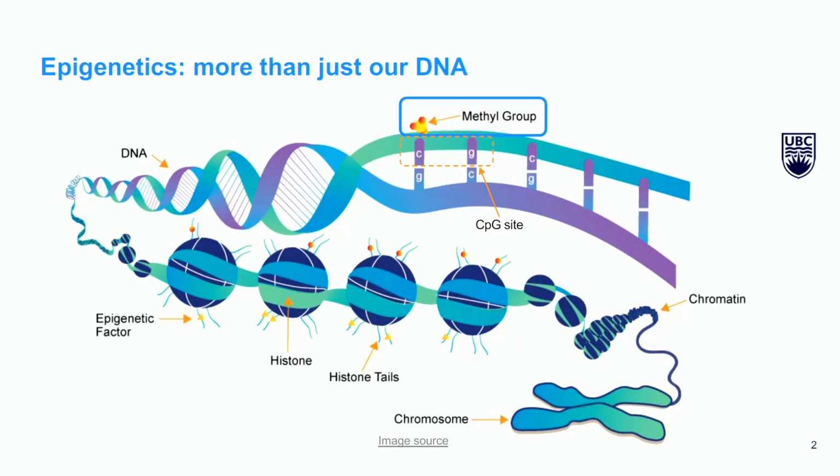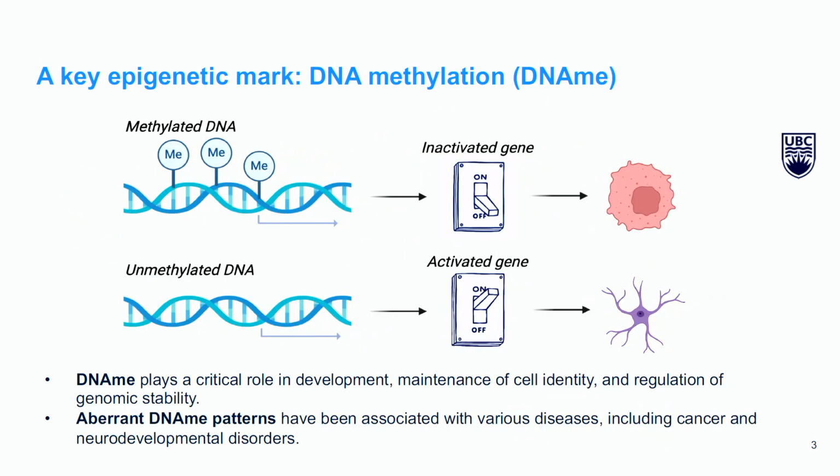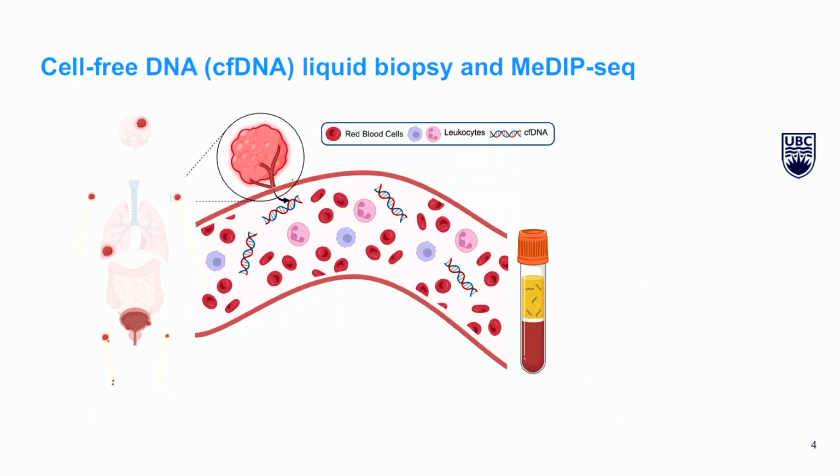DNA methylation usually happens on the cytosines, and most likely cytosines in a CpG site. It is one of the most important epigenetic markers. It's important because it governs gene regulation and influence cell identities or cell functions and genomic stability. So aberrant DNA methylation patterns have been associated with a lot of diseases, including cancer and neurodevelopmental disorders, etc.